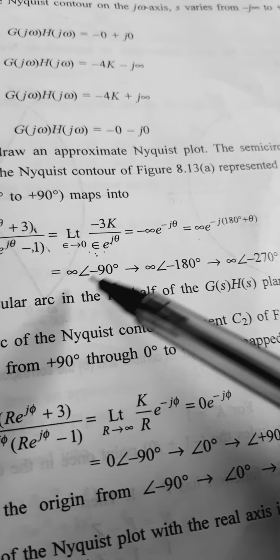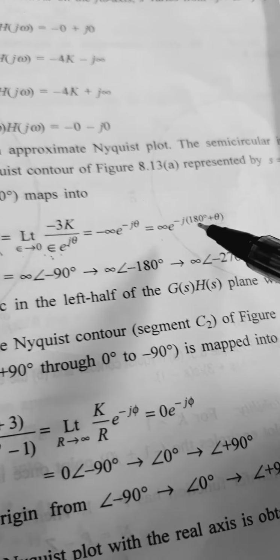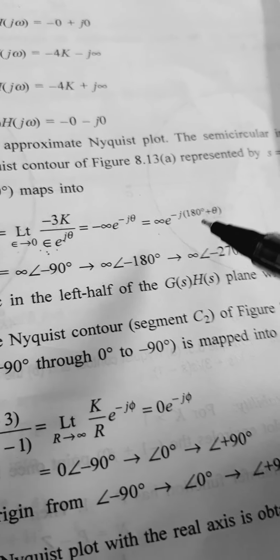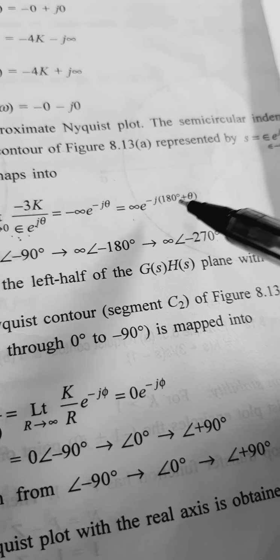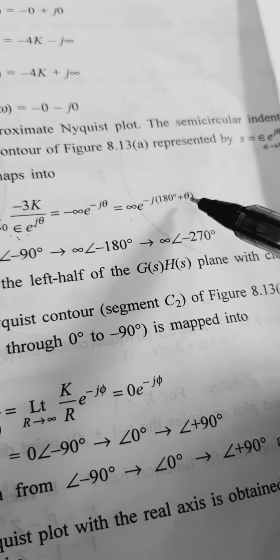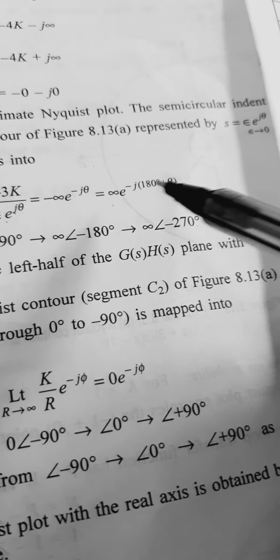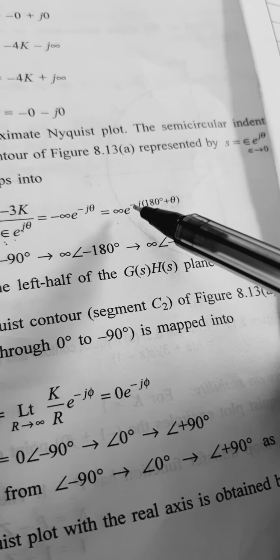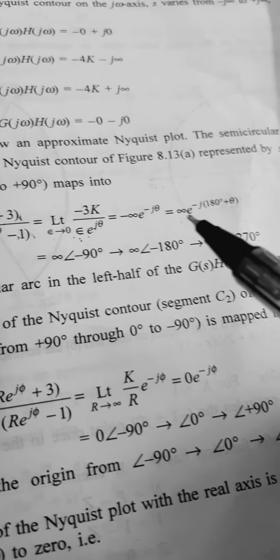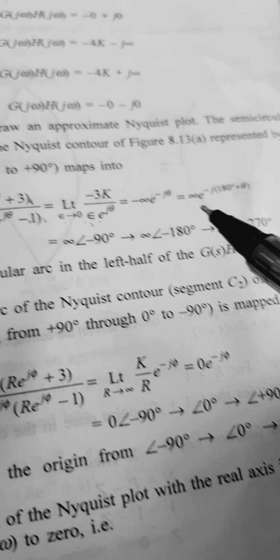Outside there is a minus sign, so it is minus 90 degree. Then theta is equal to 0, you are getting minus 180 degree. When theta is plus 90, 90 plus 180, 270, outside is minus, so it will become minus 270. So the magnitude is infinity.